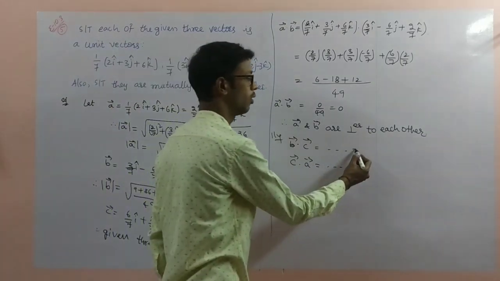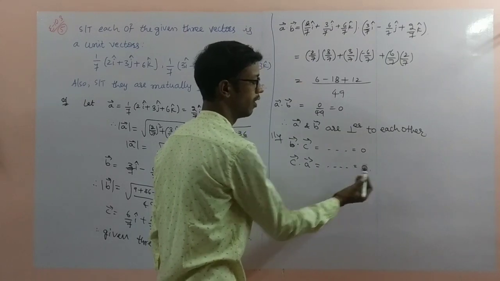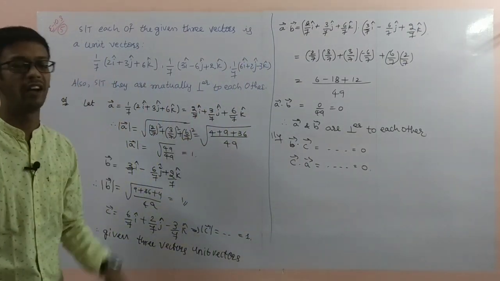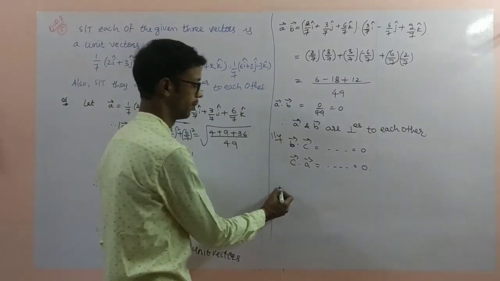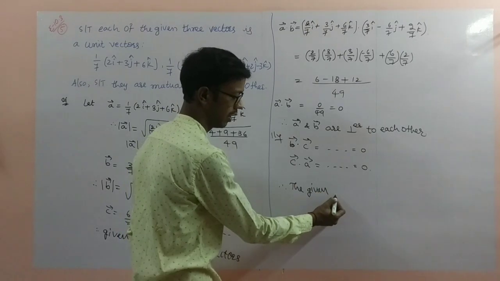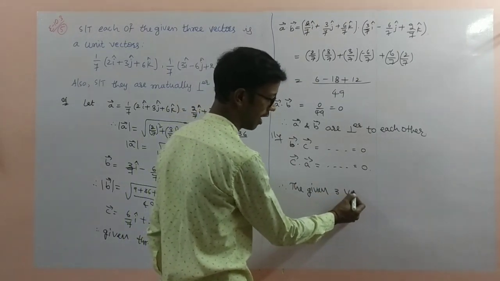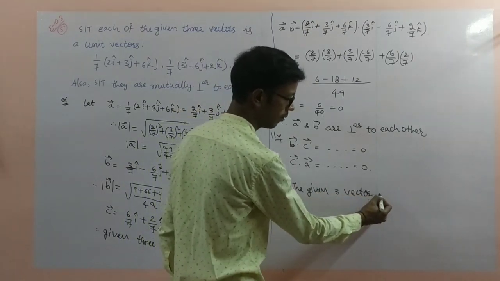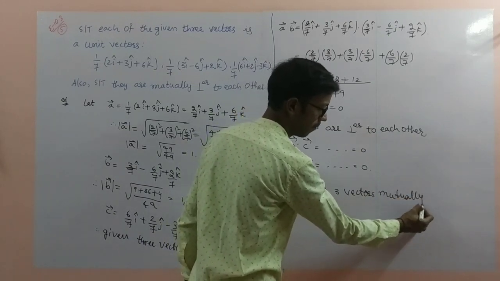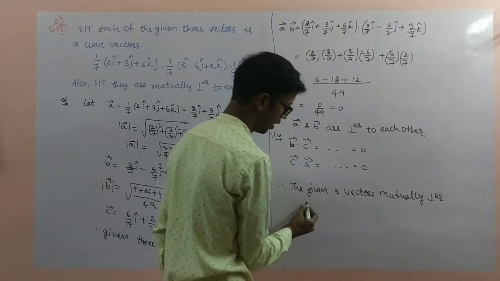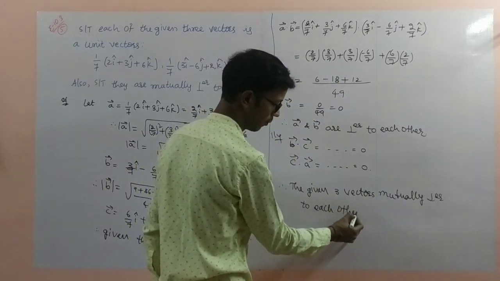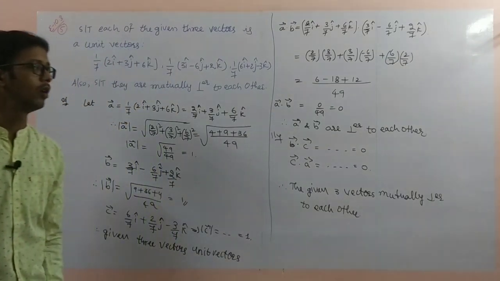This value also equals 0, this value also equals 0. You will get it compulsorily. Why? Because of that condition. Therefore, the given three vectors are mutually perpendicular to each other.